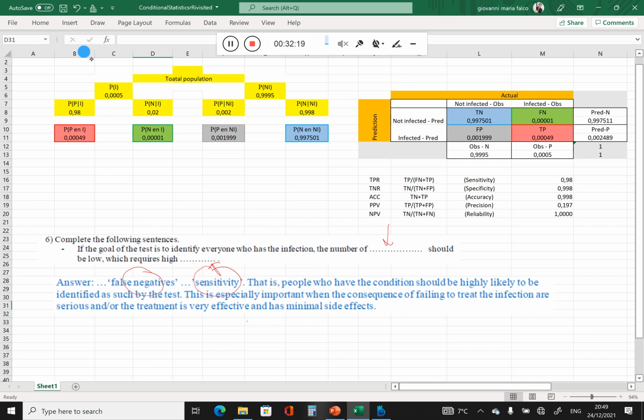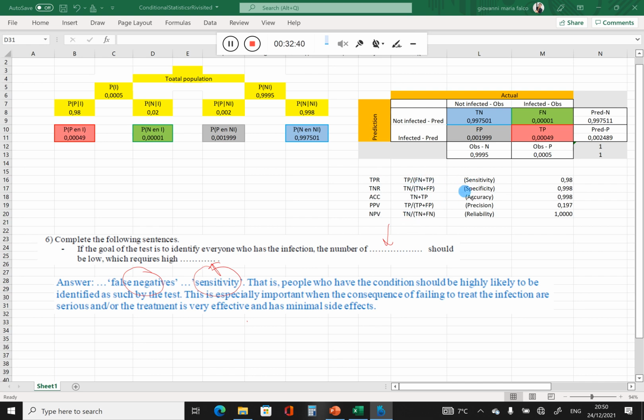It is because in the formula for the true positive rate, the sensitivity is very high when the false negatives are small in comparison with the true positives.